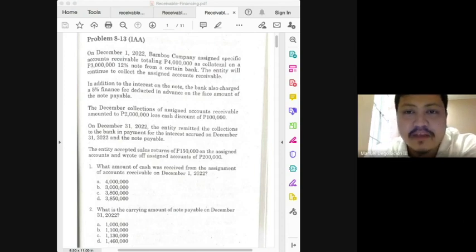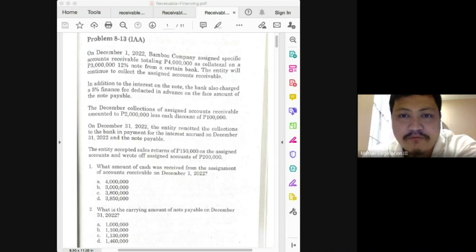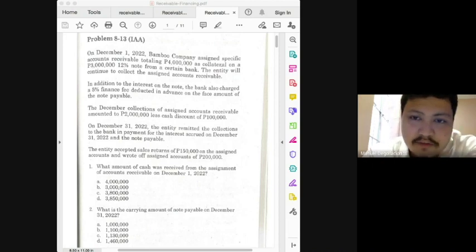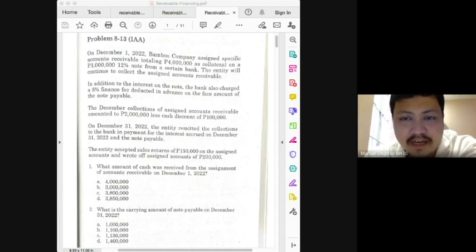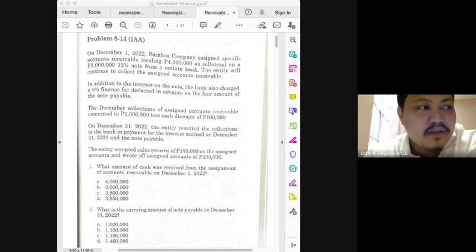Again, it should be based on the amount that we are borrowing. So since we are only borrowing 3 million, the finance charge that we will be paying would be 5% of the 3 million, and 5% of 3 million would be 150,000.